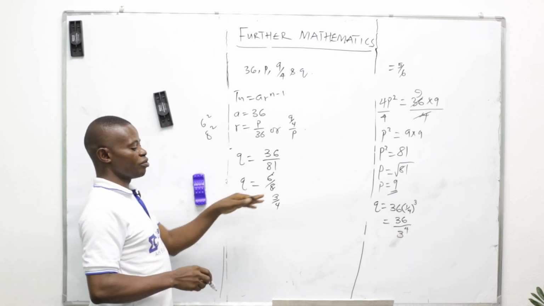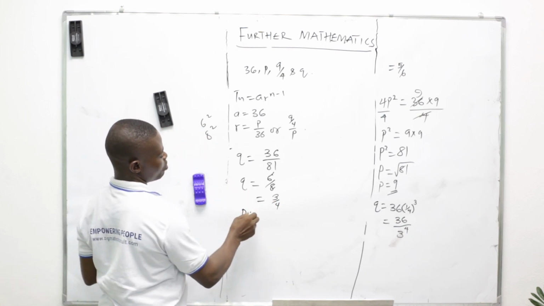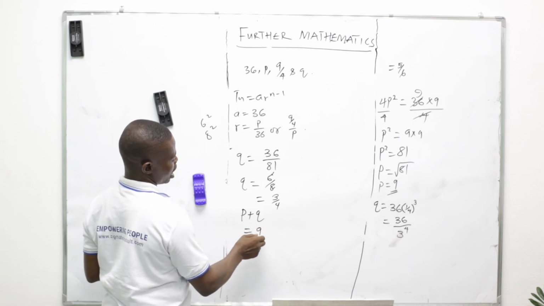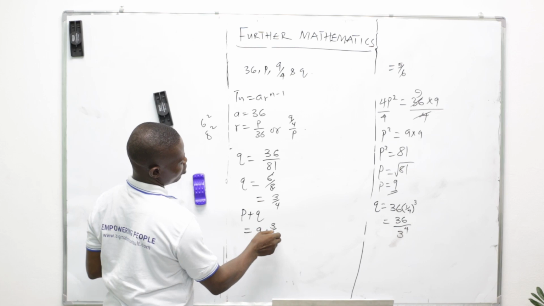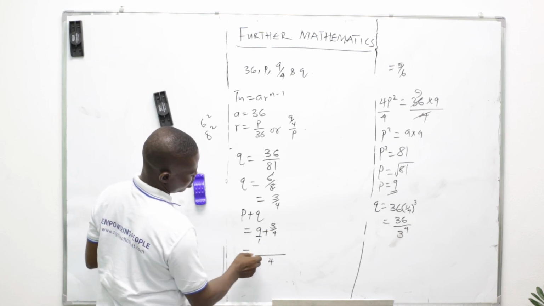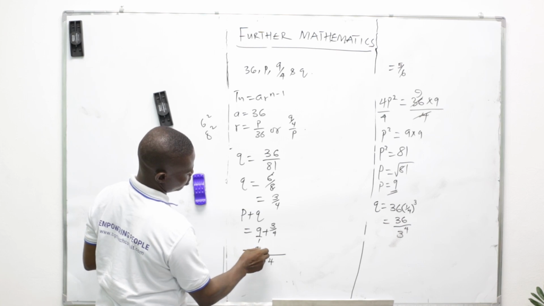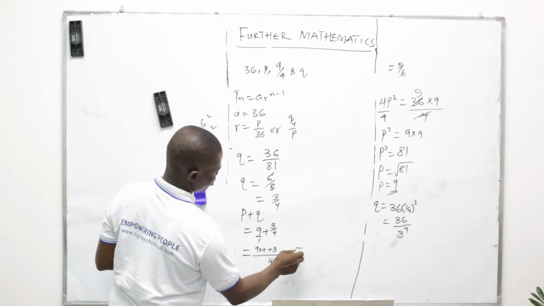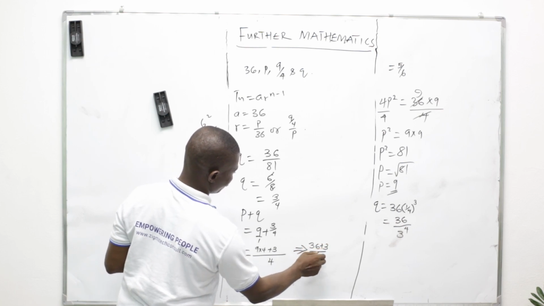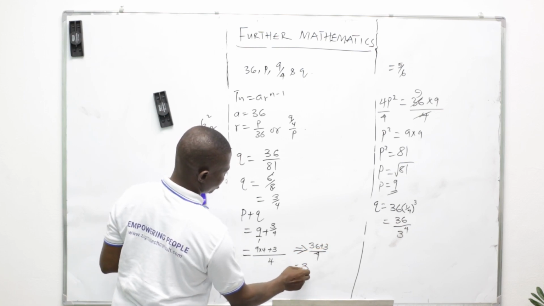So Q is 3 over 4, but the question is find P plus Q. Recall P equals 9, plus 3 over 4. With 4 as the LCM, 9 times 4 plus 3, this implies 36 plus 3 all over 4, that is 39 over 4.